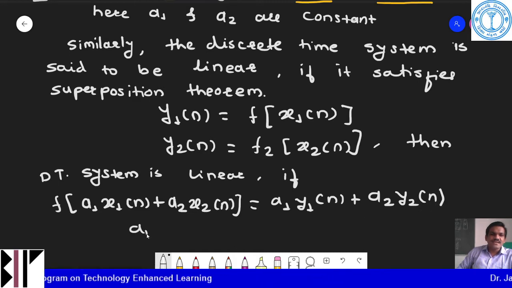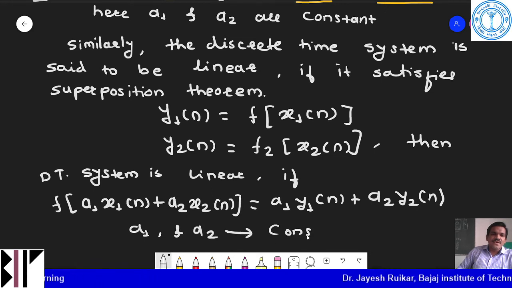Again, a1 and a2 are arbitrary constants.